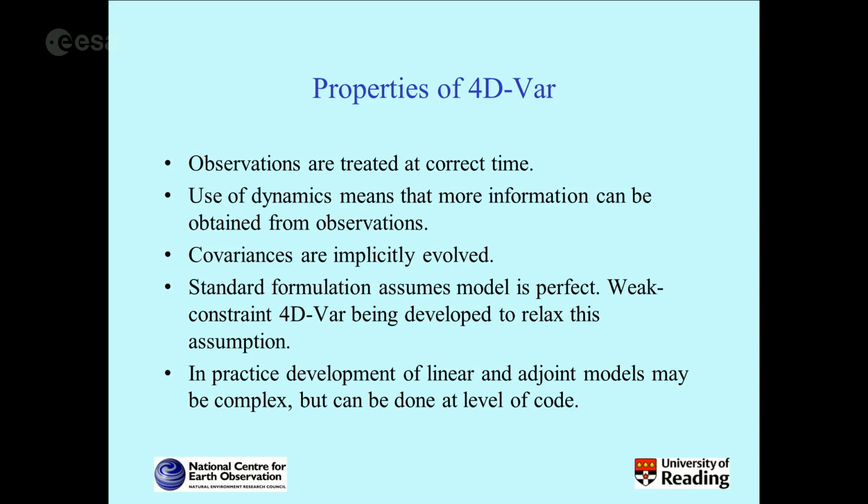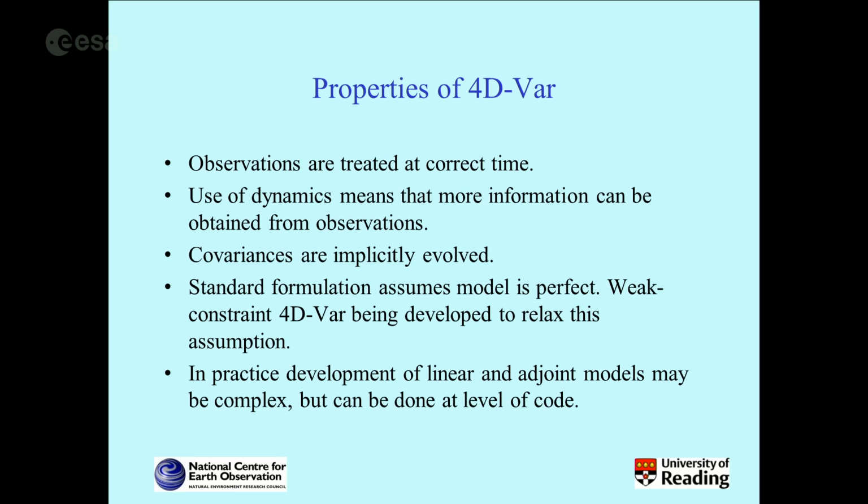And the longer the window, the more our model errors are going to kick in and be important. So in the standard formulation, we don't allow for this. But I'll come back to this tomorrow. There is a formulation called the weak constraint version, which is being developed to relax this assumption.